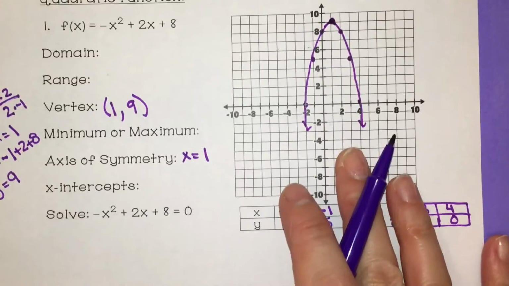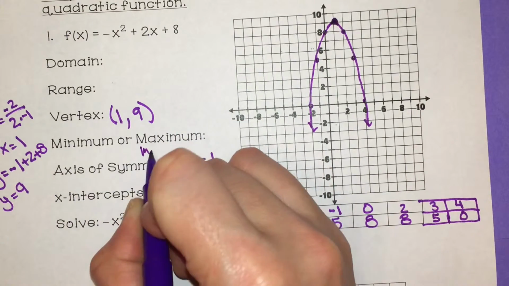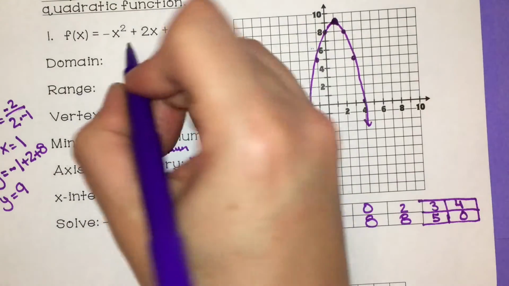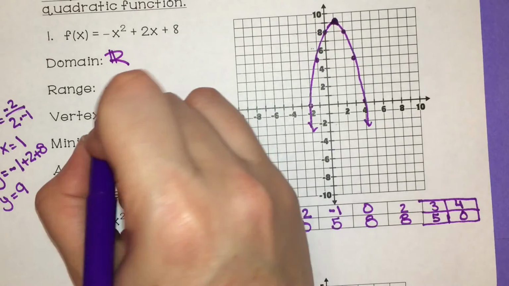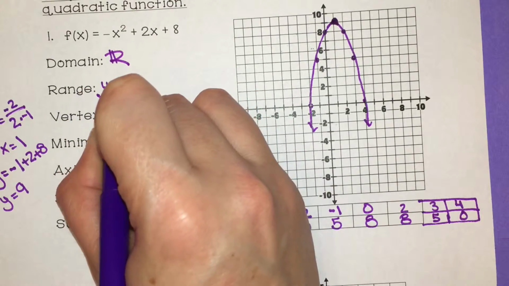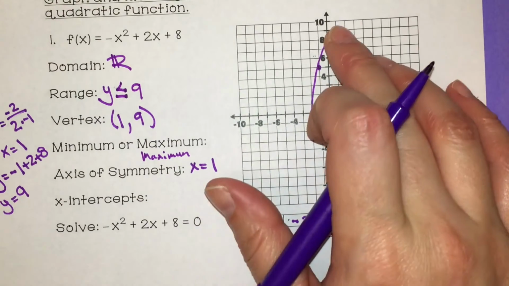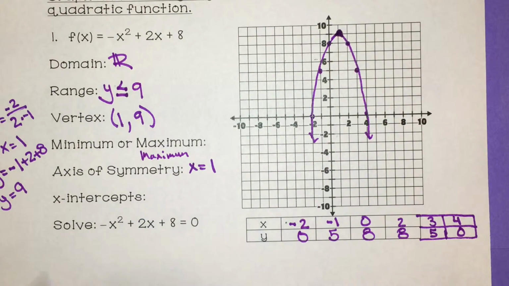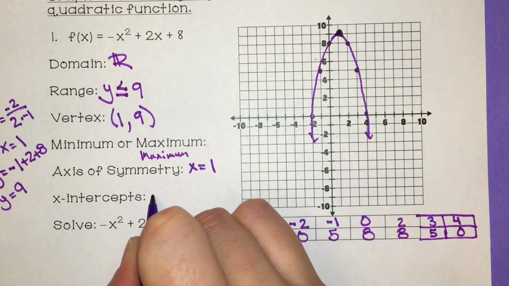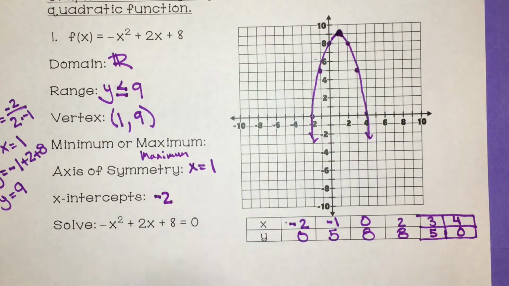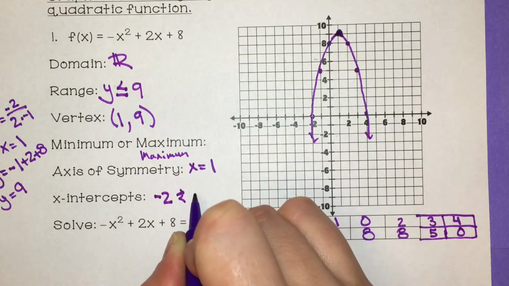Then I know that this is a maximum. I have all real numbers for domain. Range, y is going to be less than or equal to 9 because my graph is below 9. Okay, x-intercepts. I have x equals -2 and x equals 4.